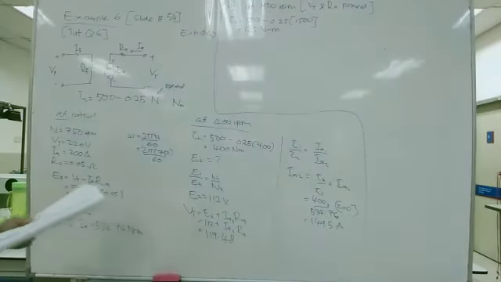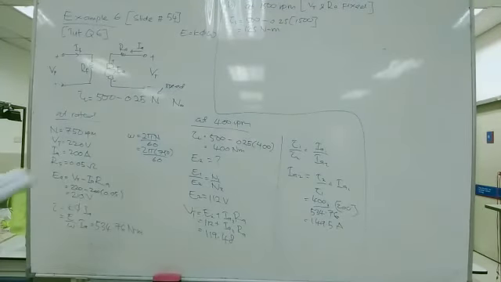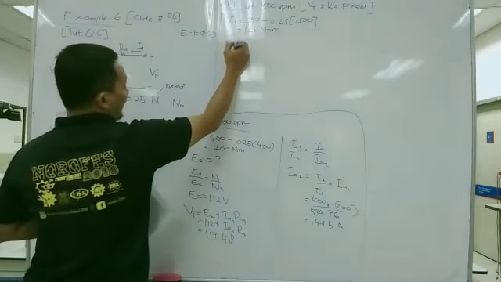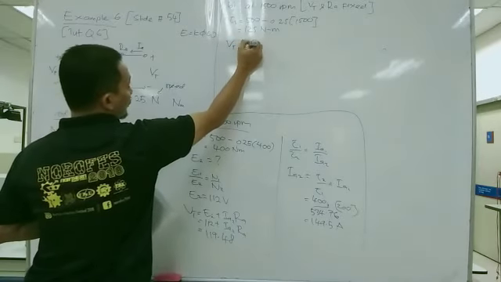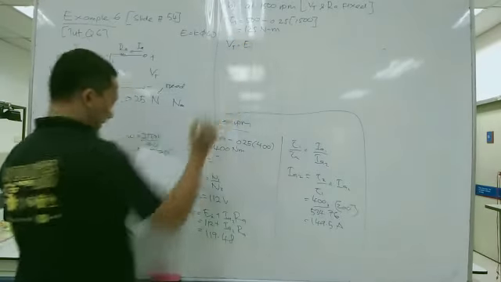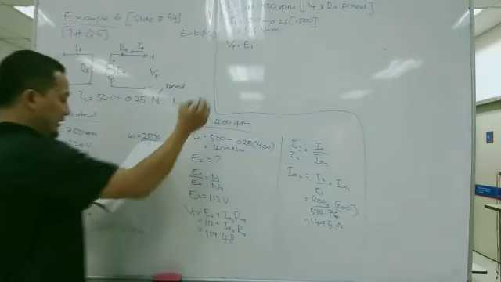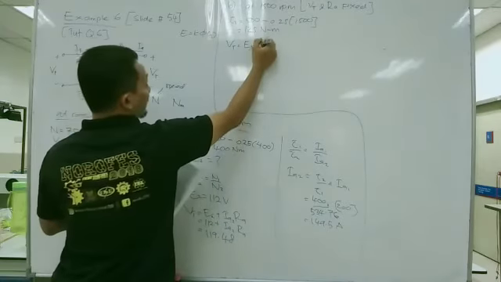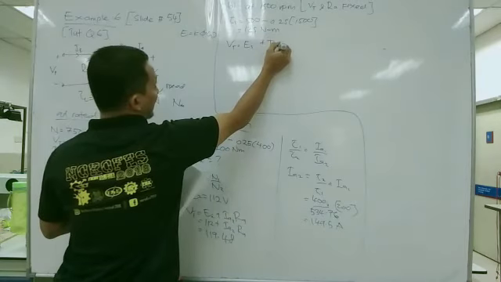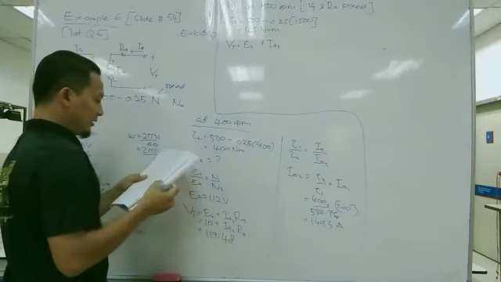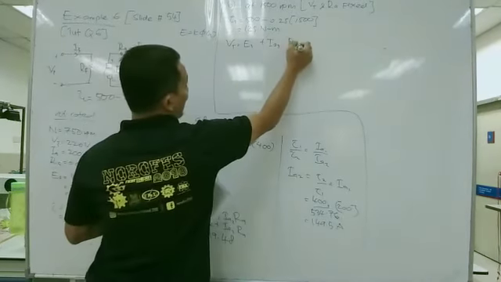meter. Okay, and then we have an equation Vt equals, now I put as E3, E3 plus IA3 RA.